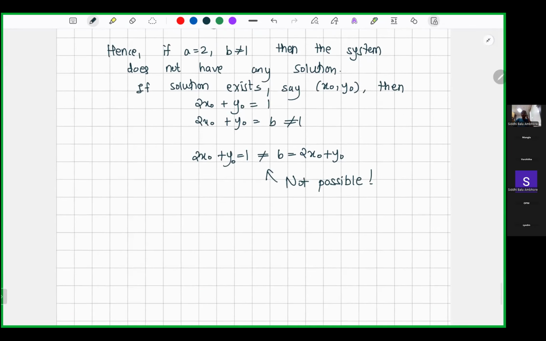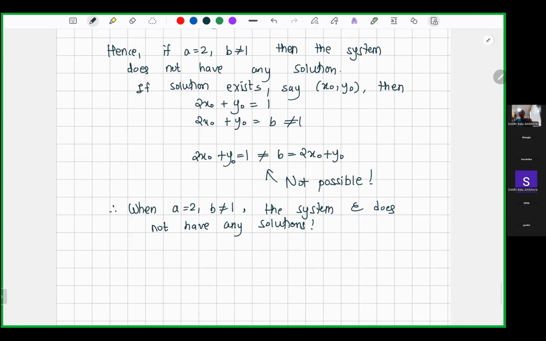Therefore, when A is 2 and B is not equal to 1, the system does not have any solutions. Is this okay? Any doubts here?